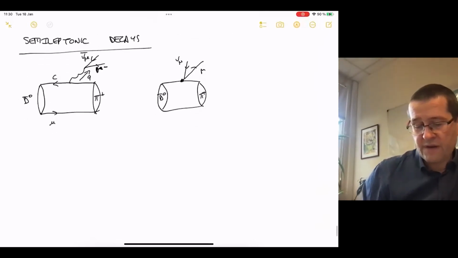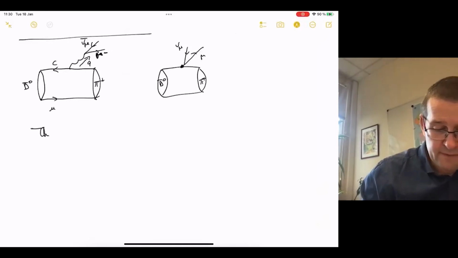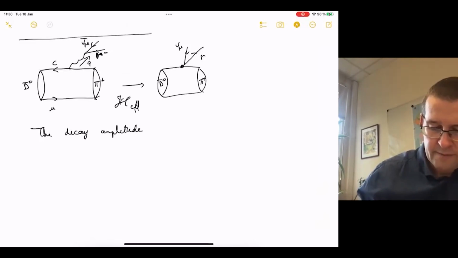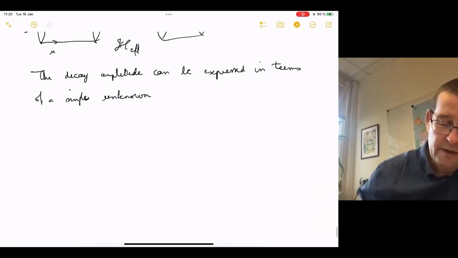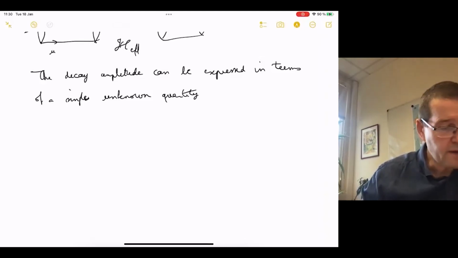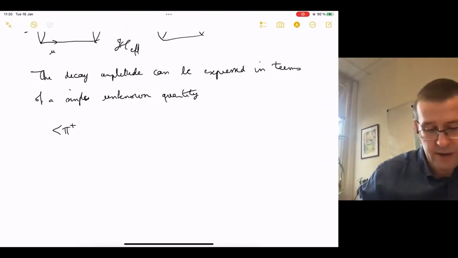So I'm not going to repeat the intermediate state, but the decay amplitude can be expressed in terms of a single unknown quantity, and that's the matrix element, for the same reason.